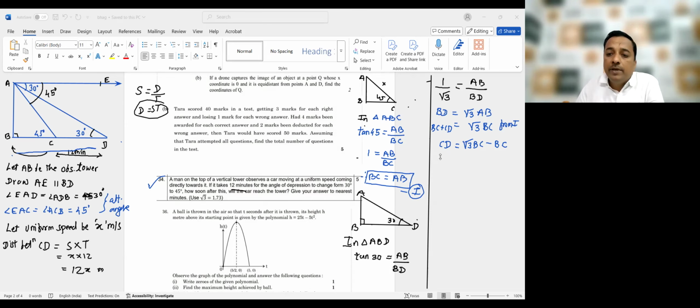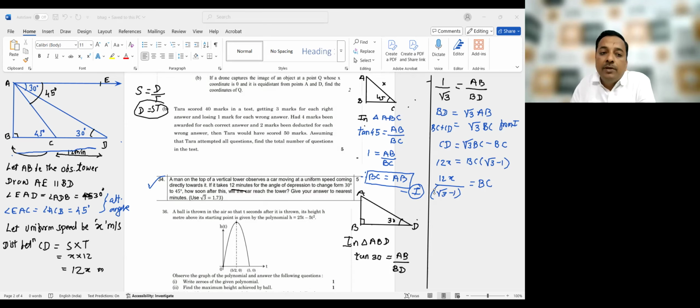CD की वैल्यू क्या है हमारे पास? 12x है ना? And if you take BC common, then this becomes root 3 minus 1. Okay. So shift this side. So 12x upon root 3 minus 1 is equal to BC. अभी ये क्या हो गया?